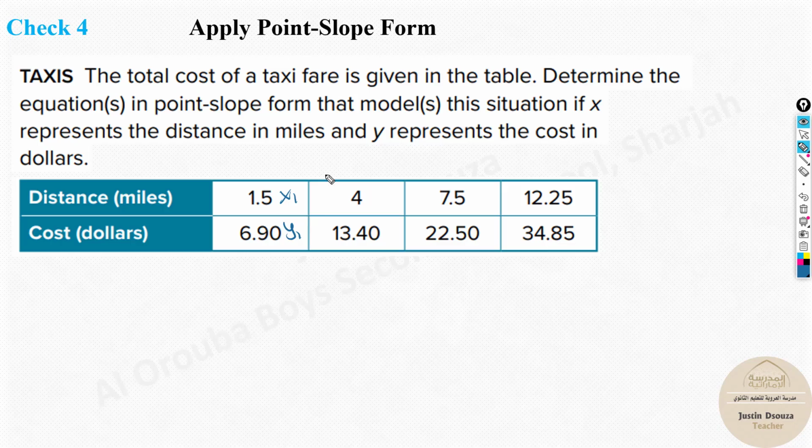Now what I can see is there is a constant increase, wait, no, it's not constant, but it's almost proportional, because the values are increasing. Let's just take this as x1, y1, x2, y2.